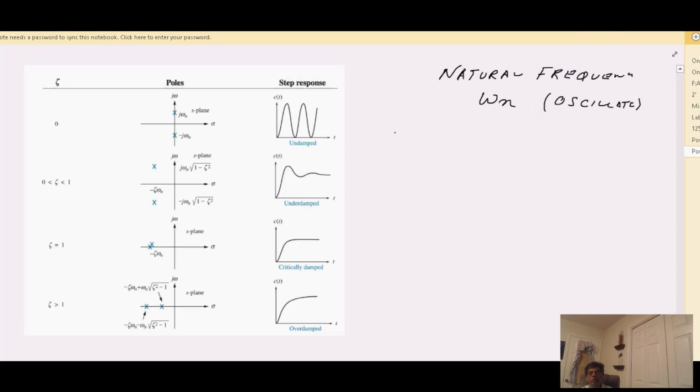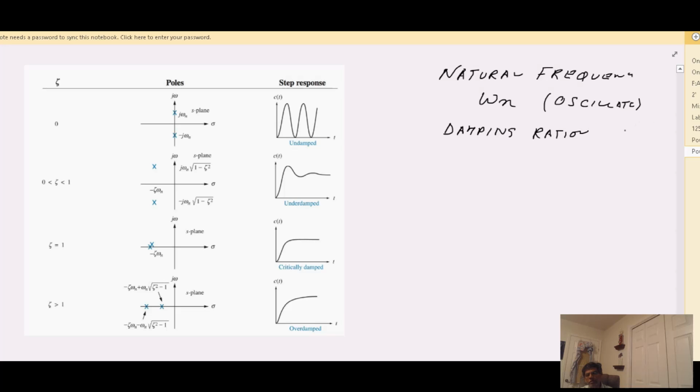Now let's talk about the damping ratio. This is all going to help you to solve problem number 2 as well as problem number 3 on homework number 2.